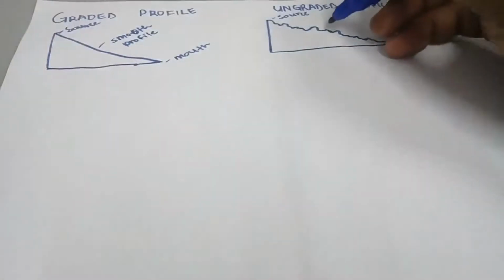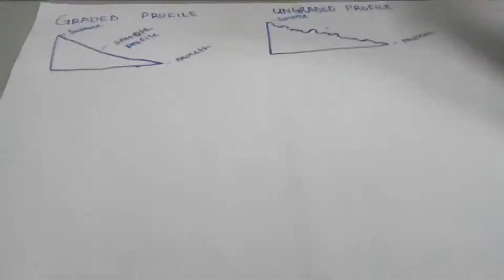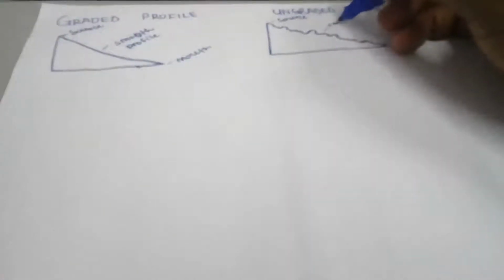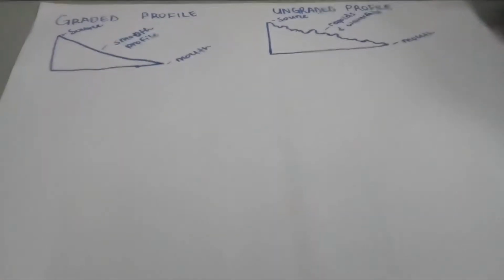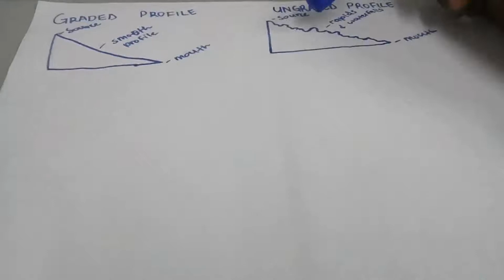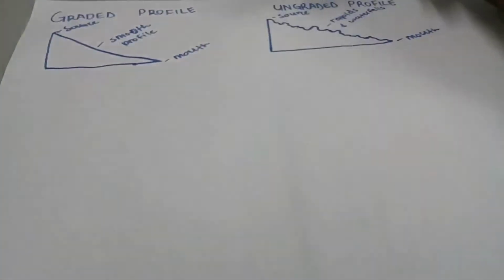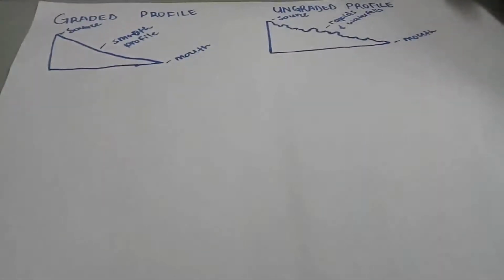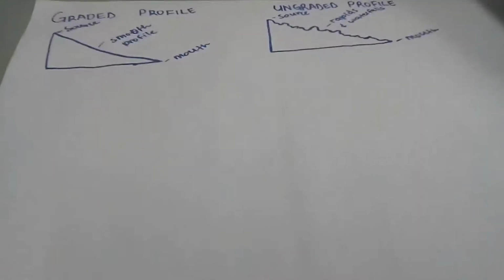as you can see, a smooth profile, and here there are rapids and waterfalls. You can see rapids and waterfalls, and so on, that are caused by the unbalanced deposition and erosion.